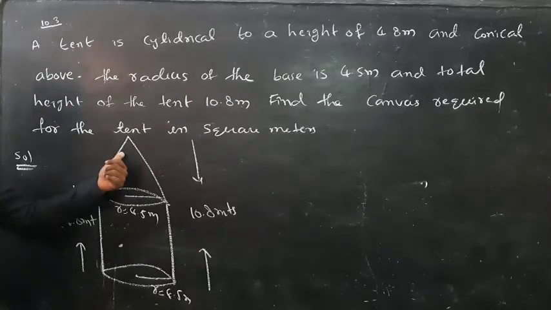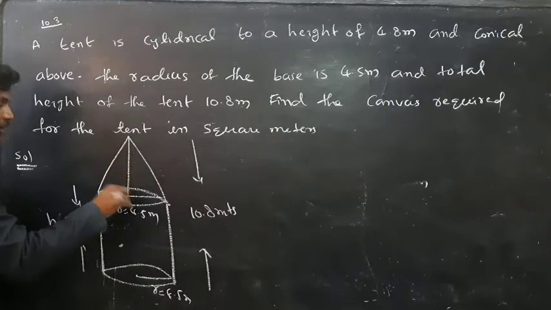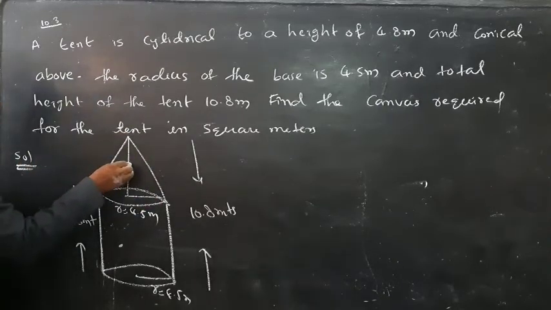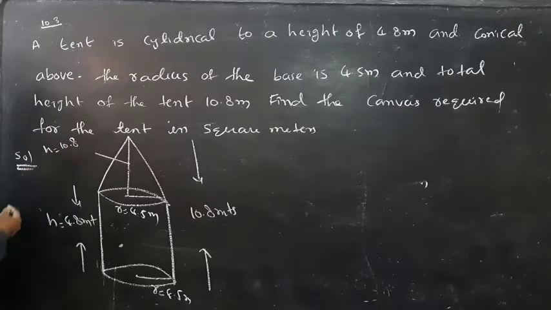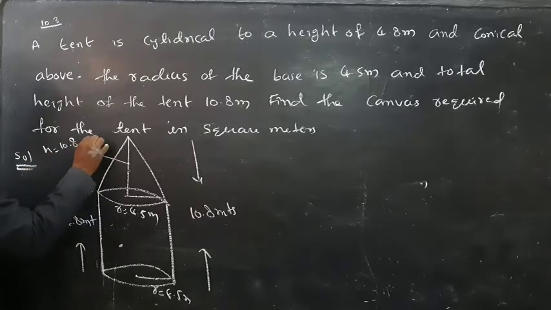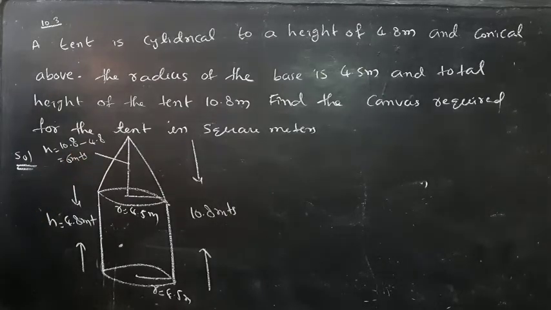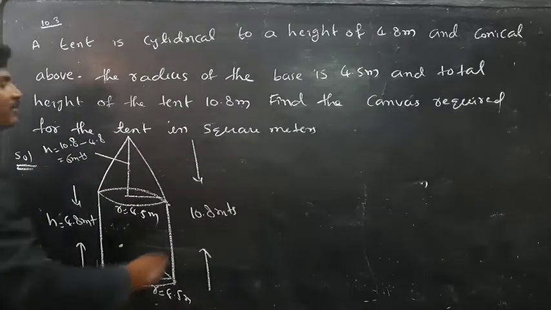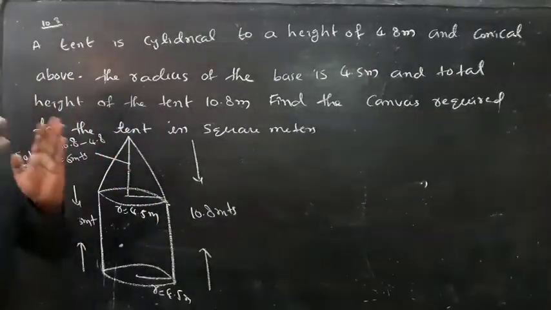To find the height of the cone, from the total 10.8 minus 4.8, it is nothing but 6 meters. So what is the height of the cone here? 6 meters. First you have to write the measurements of the cylinder and also the measurements of the cone.